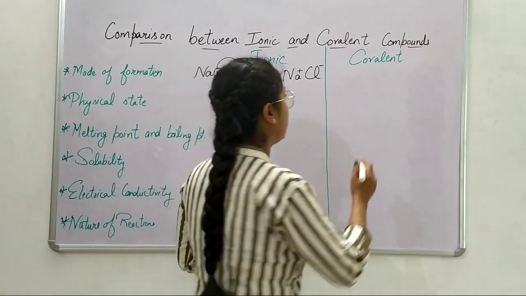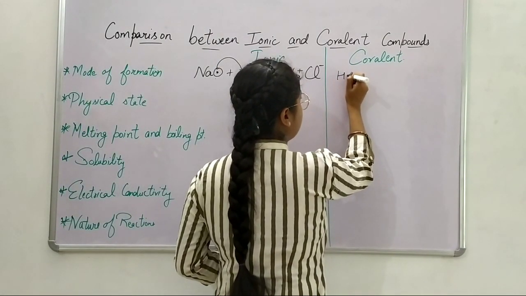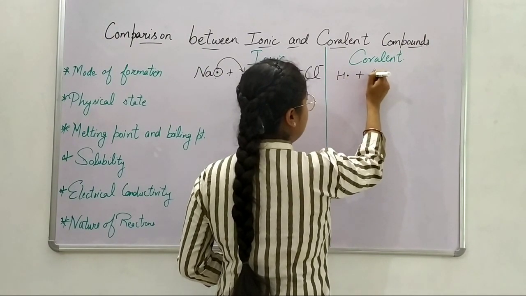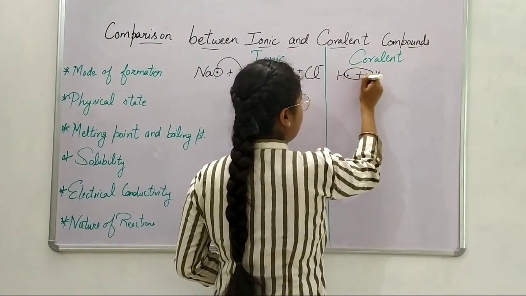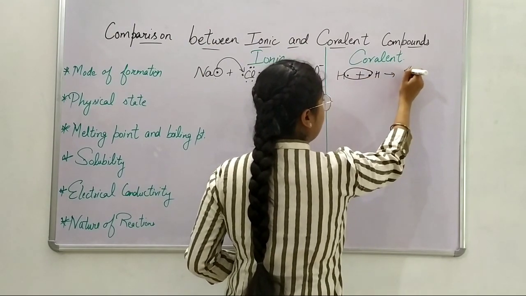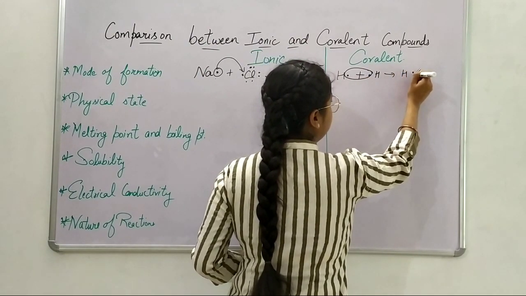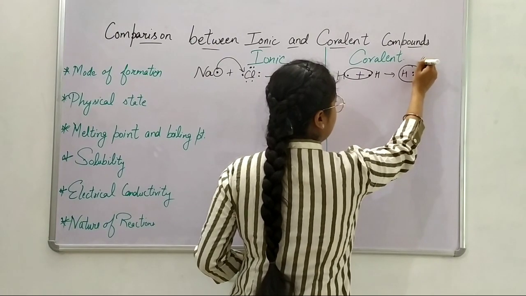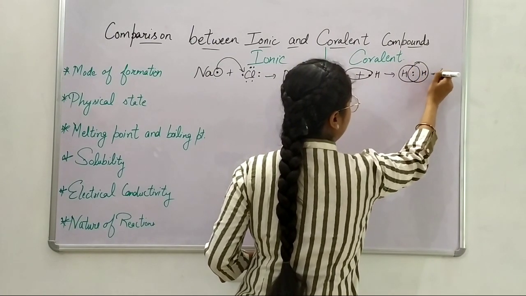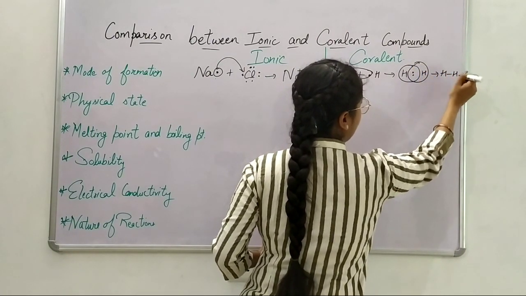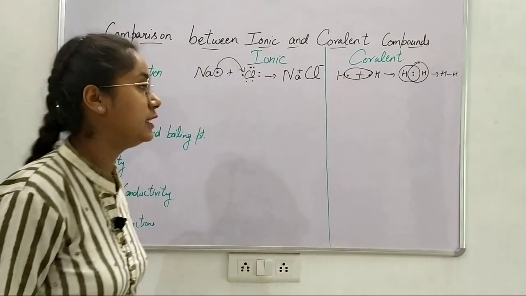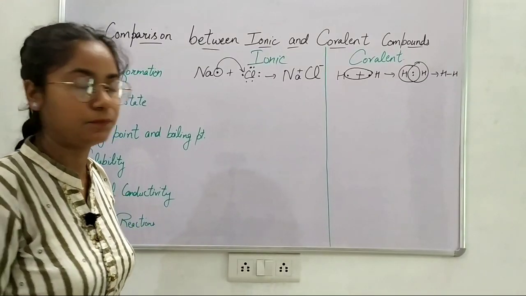For example, we have hydrogen. Hydrogen has 1 electron in its valence shell, and these 2 electrons will be shared with each other, forming a bond known as a covalent bond, and the bonding is single bonding here.